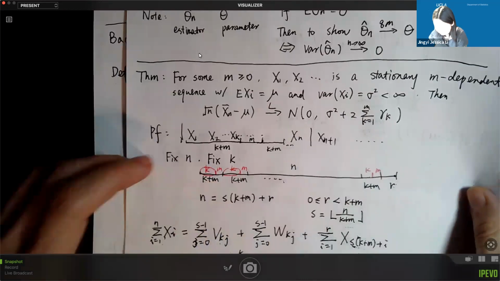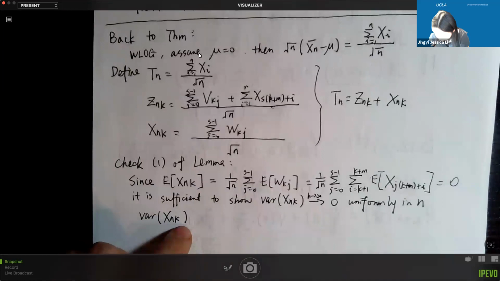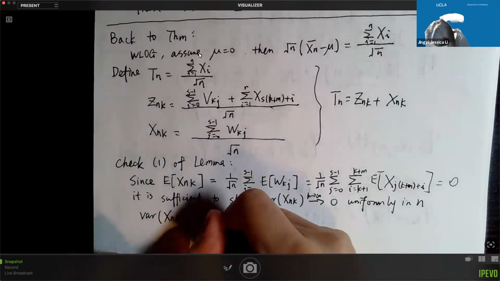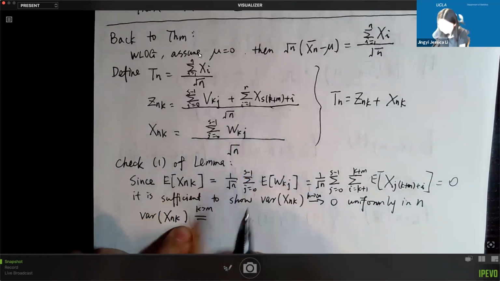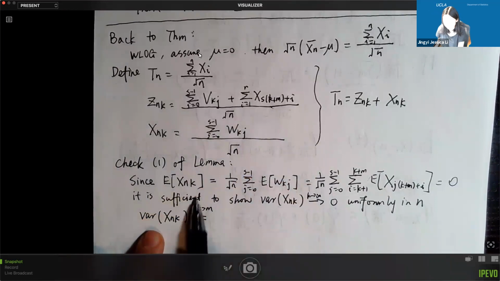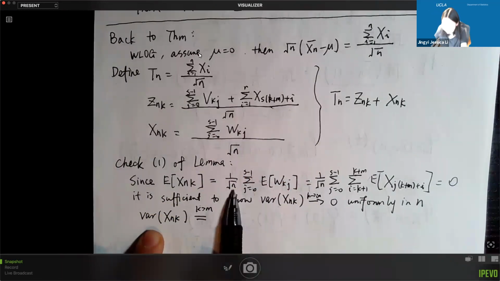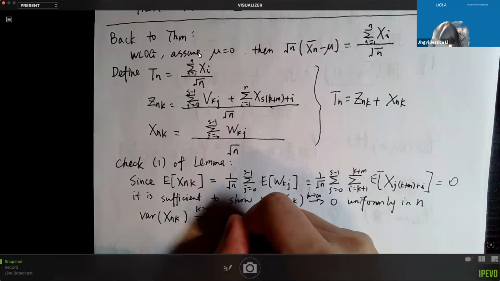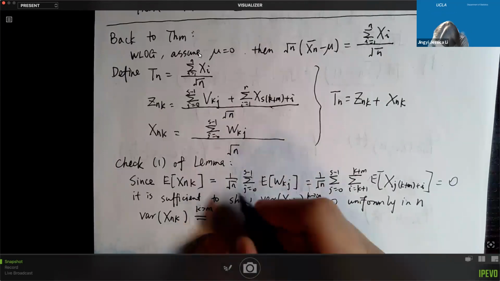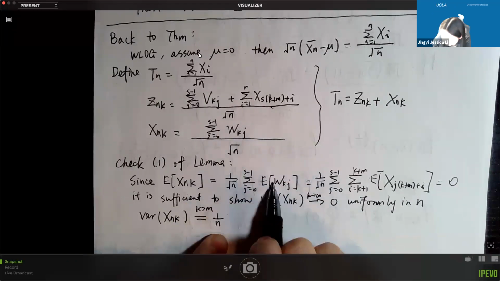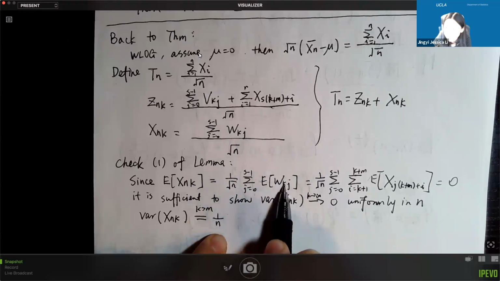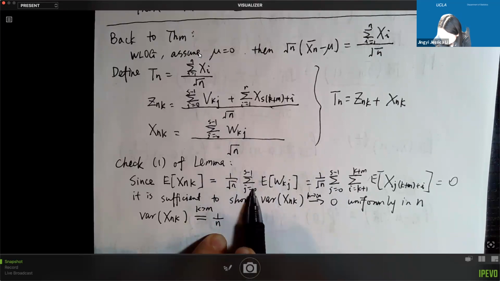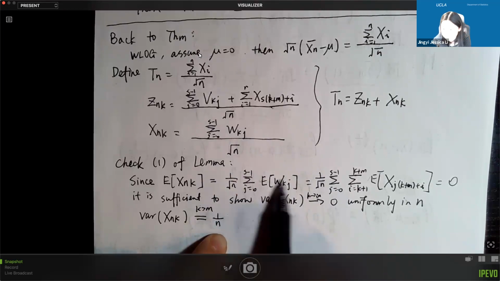So when k is greater than m, the variance of this is essentially 1 over m times the summation of the variances of W_{kj}. Since j goes from 0 to s minus 1, there are s of them, and they have identical variance.